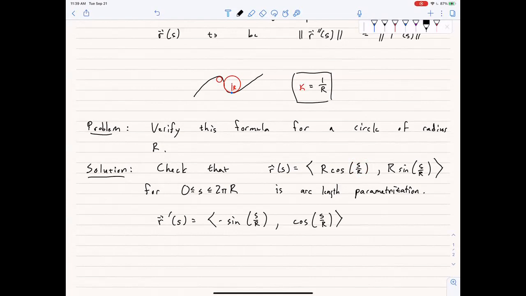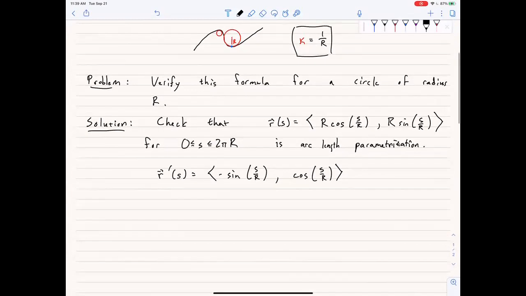If I take the magnitude of this for any s, I get 1. I get cosine squared plus sine squared, so that's going to give me 1, I mean square root. So this is indeed an arc length parametrization. And so now however, we're interested in curvature.